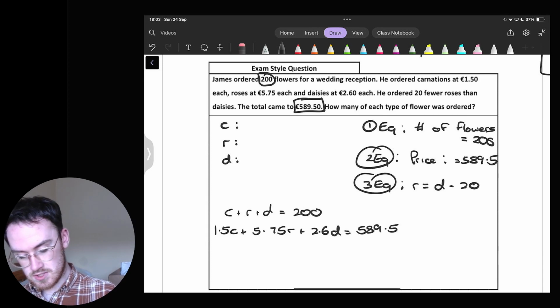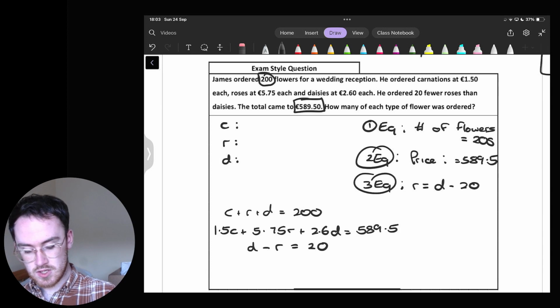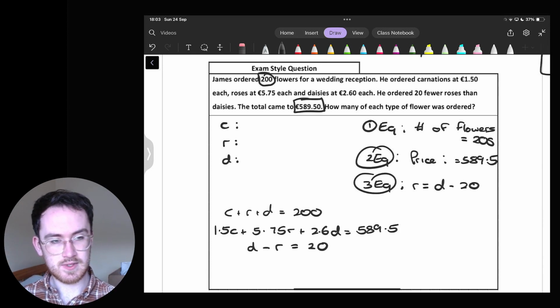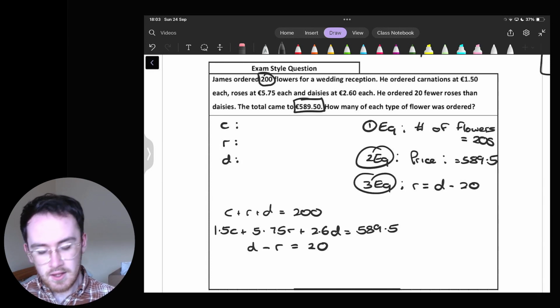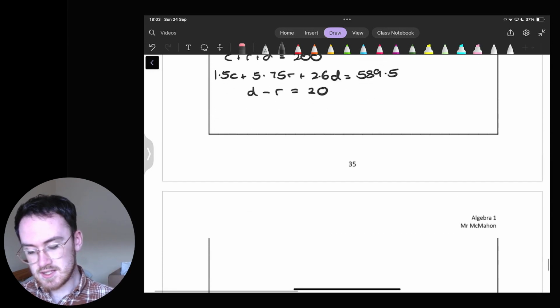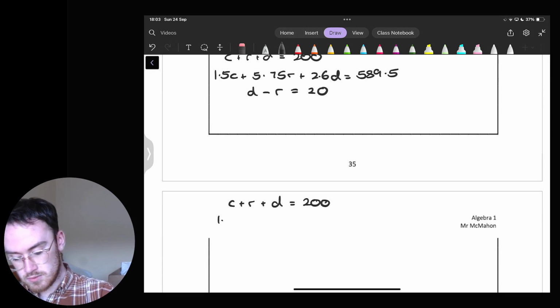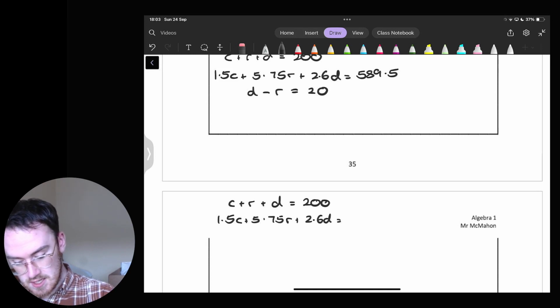And then my last equation, we can simplify, r equals d minus 20, or minus r plus d equals 20. It doesn't really matter. Okay, so let's just take the first equation first of all, I suppose. So c plus r plus d equals 200. 1.5c plus 5.75r plus 2.6d equals 589.50.